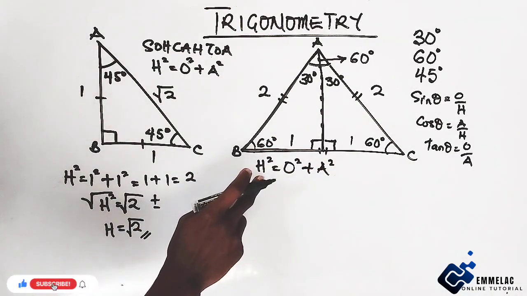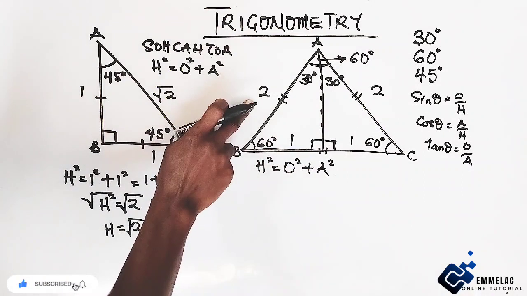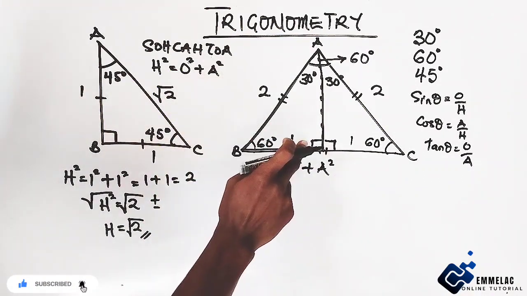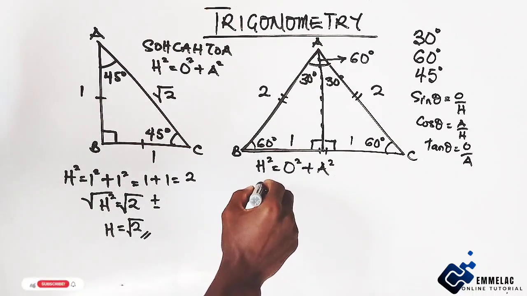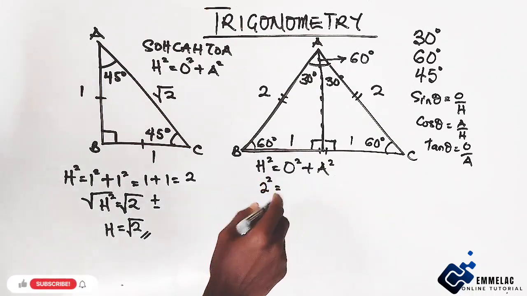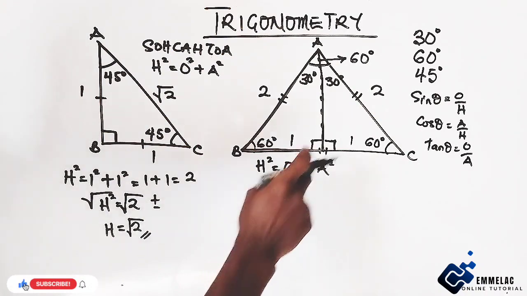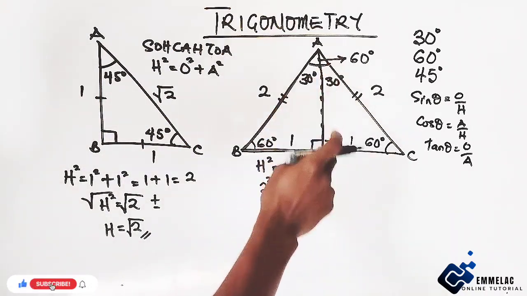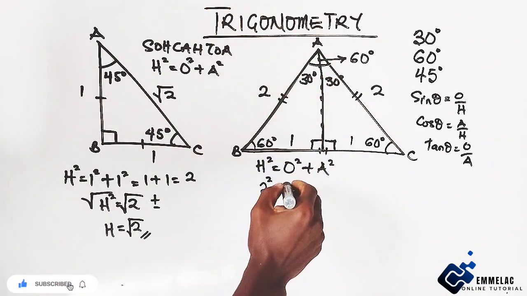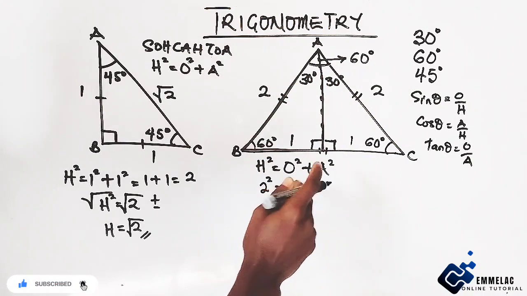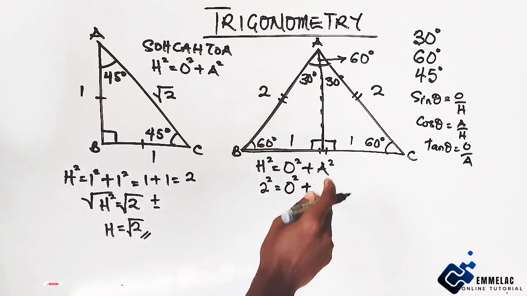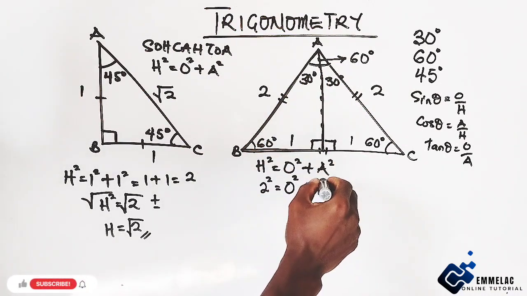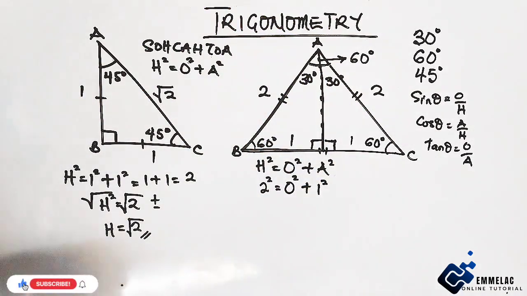Now the hypotenuse here, which is the longest side facing the right angle, is 2, so here you have 2 raised to the power 2. Now the opposite, which is this, is unknown, plus the adjacent, here we have 1.